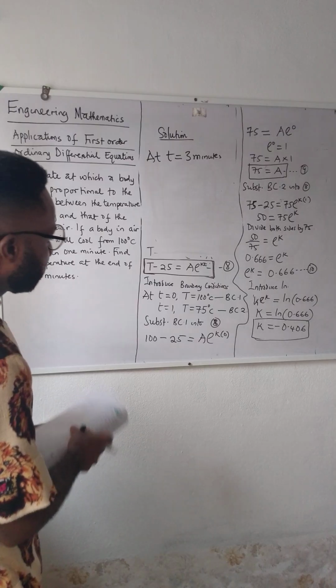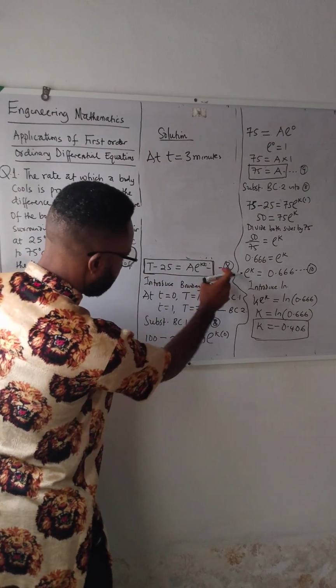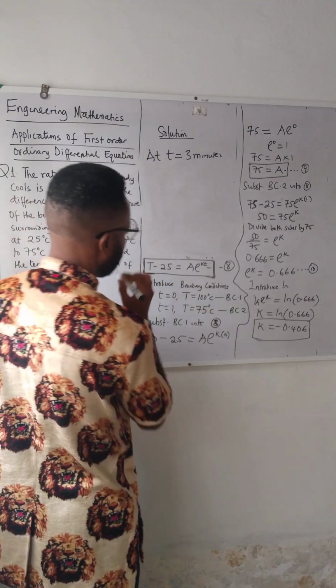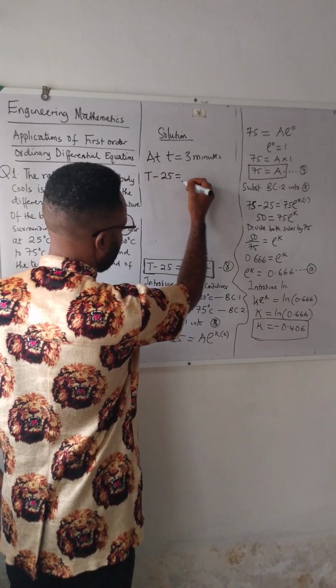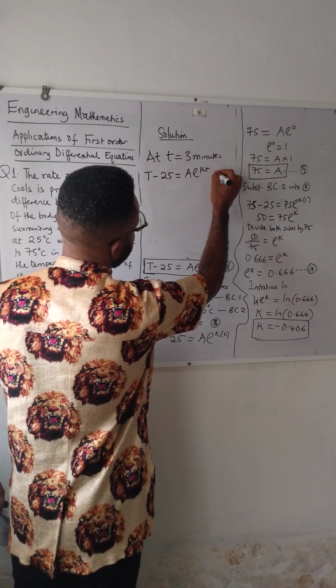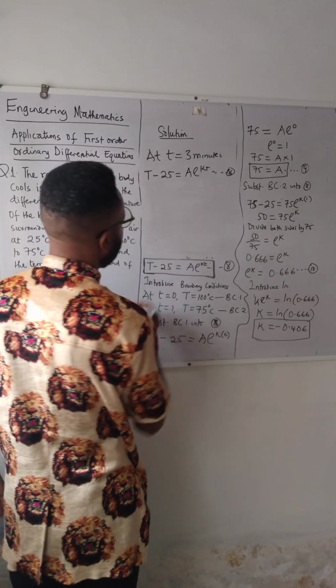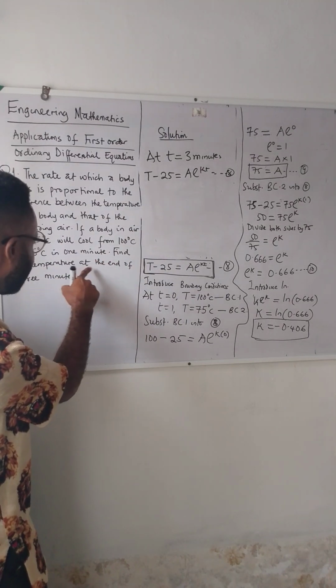So at t equal to 3 minutes, we are going to use equation 8. We have T minus 25 equal to A exponent kt. This is equation 8.